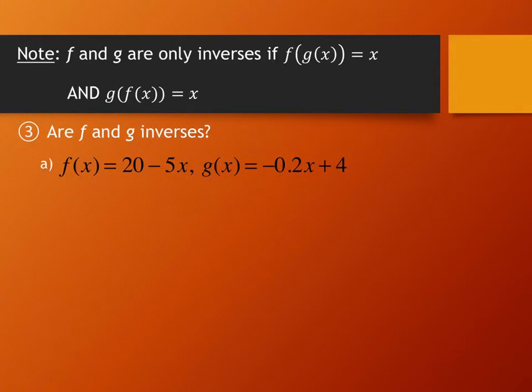And we've talked about this in the last section. We called it composite functions. So if f composed with g is x and g composed with f is x, then the functions are inverses.